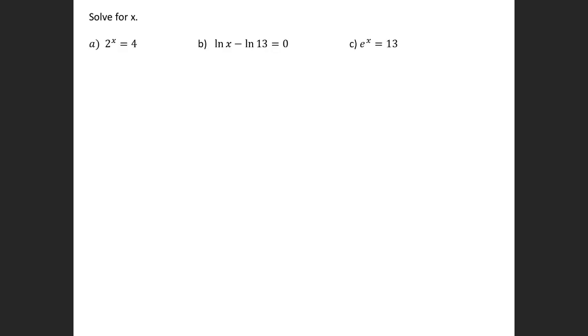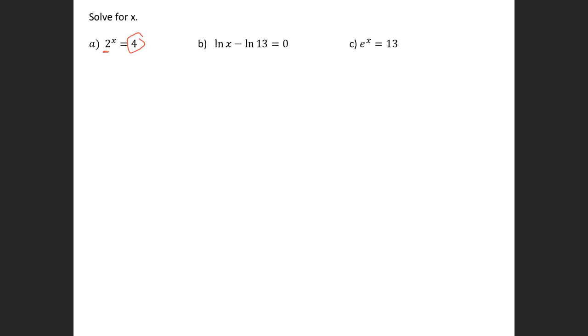Okay. So now this is what we're most interested in, which is how do we solve these types of problems. So here for 2 to the x equals 4, my first goal is to ask myself, can this 4 be written so that it has the same base?